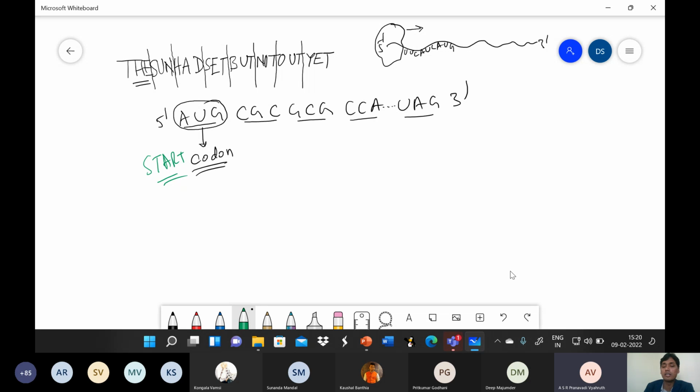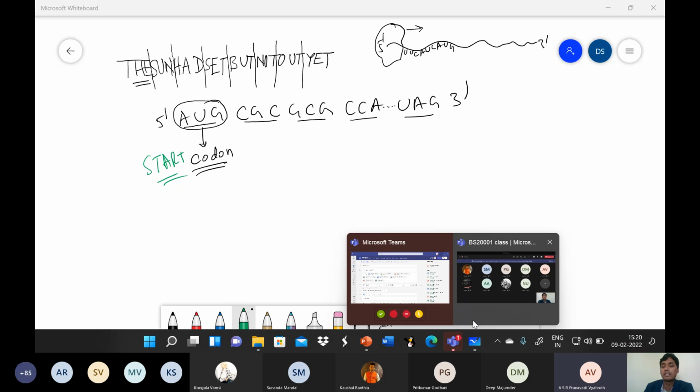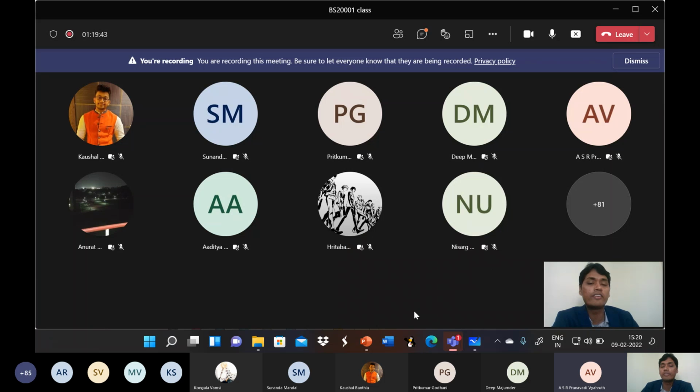Now, I should tell you that in every living form, whether it is bacteria or animal, AUG is the start codon. From the evolution perspective, scientists believe this suggests translation is a fundamental mechanism.